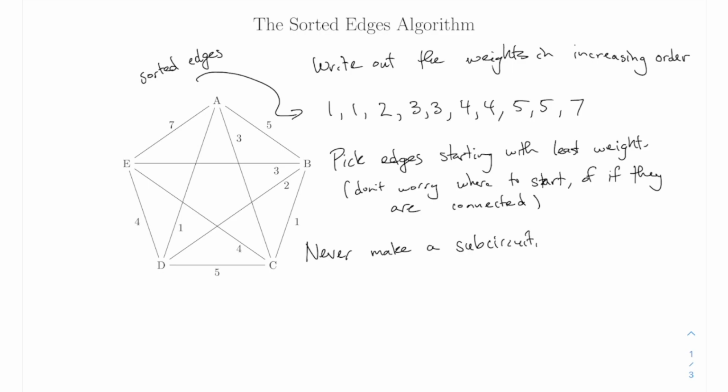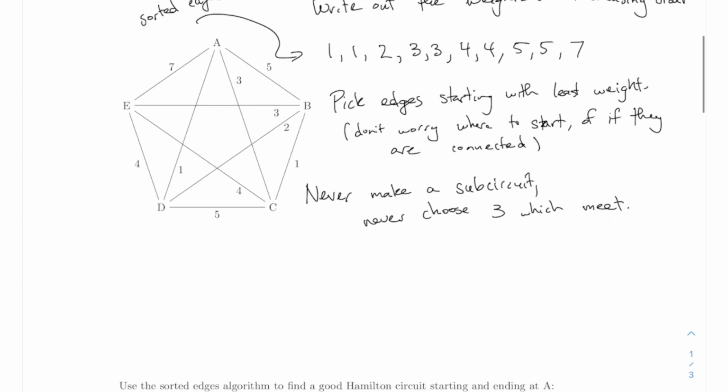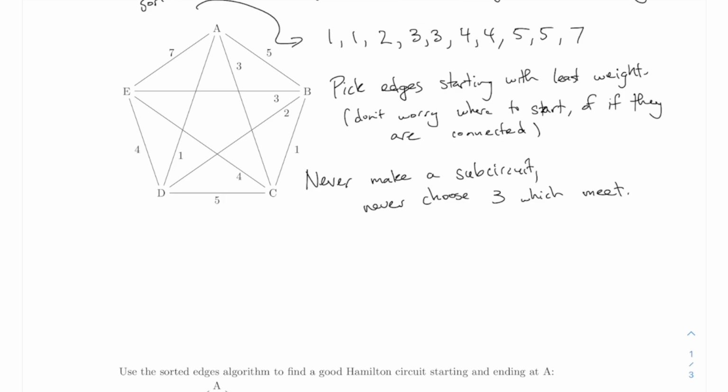Never make a subcircuit and never choose 3 which meet. But otherwise, you just keep on choosing edges, and eventually you will choose enough to make a Hamilton circuit. So let's just see what happens in this particular example here. And I'm going to try to write my answer down here.